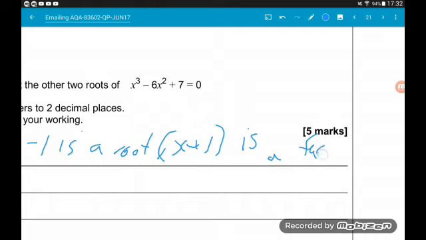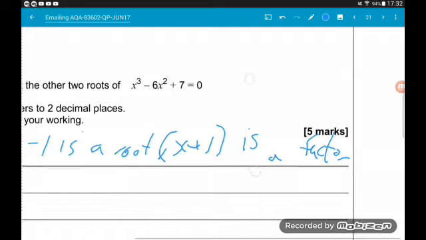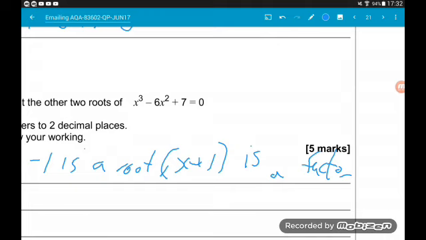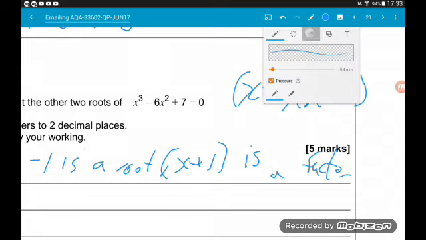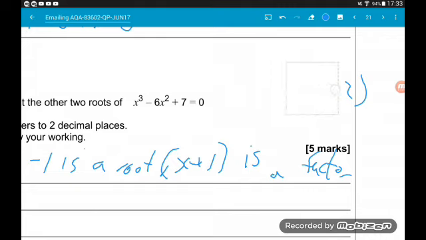So when I'm on about factors, I mean algebraic factors. So, for example, if we had the function x plus 1 times x plus 2, they are both separate factors of a quadratic. Here we've got a cubic function, so we can have as many as 3 different factors.